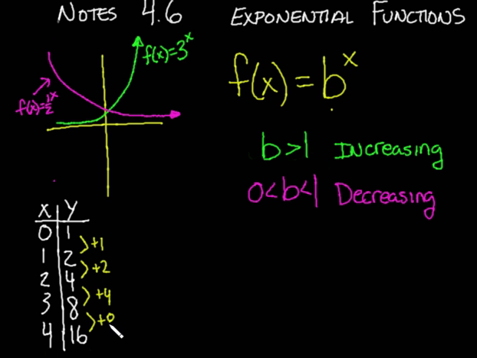It kind of follows a pattern, but it's not the same number every time. This just means that it's not linear. It doesn't have a consistent slope.